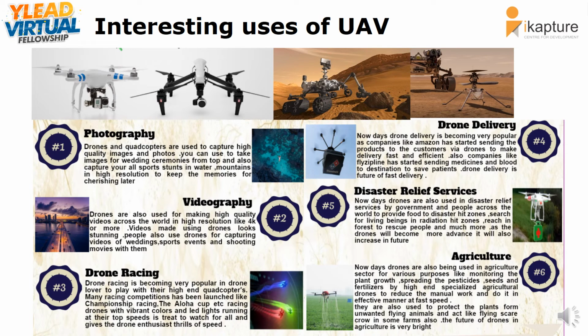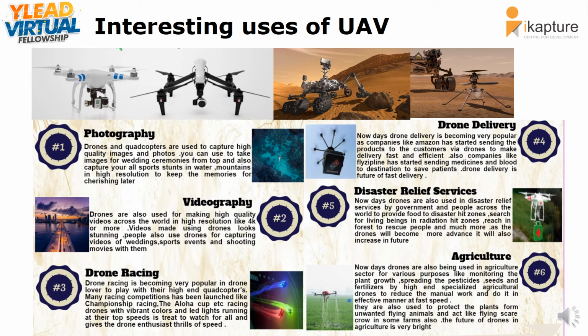Then lastly, we also have agriculture, but there are still other uses. They are used for construction, for mining, for so many things. But the agriculture part of it is that drones are also being used for agricultural purposes.